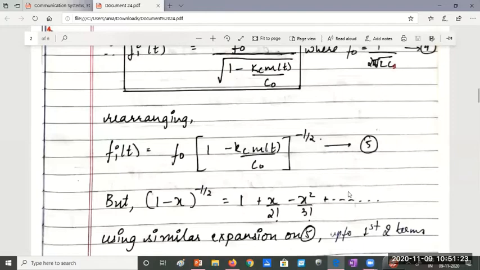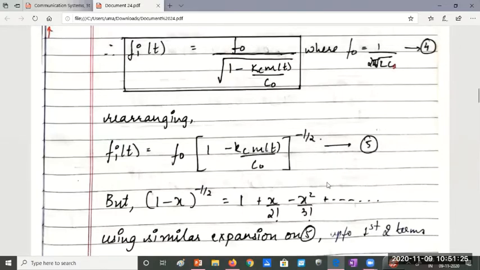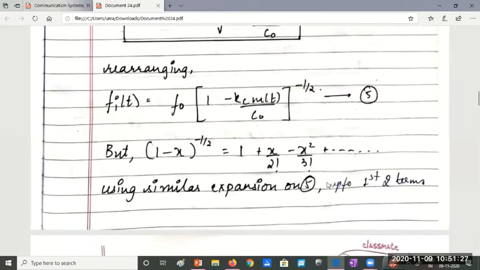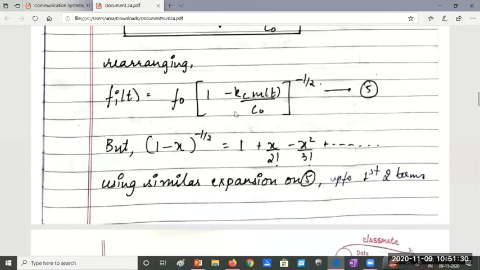So this is a standard expansion series. Here, what is the value of x in this equation? Kc m of t by c naught. So the value of x is Kc m of t by c naught.